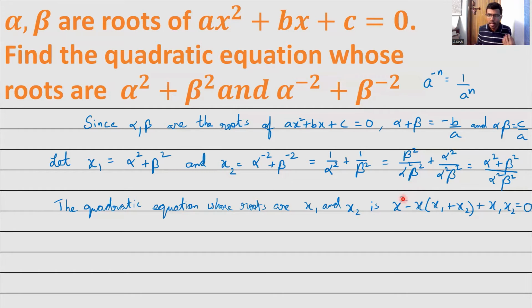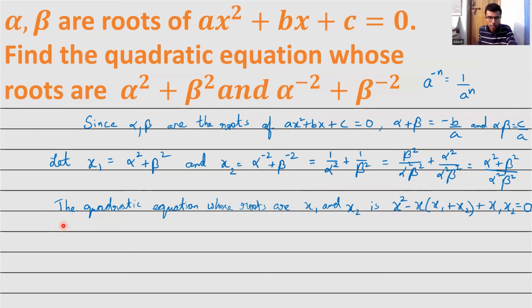Just as when alpha beta were the roots, we had the quadratic equation as x square minus x into alpha plus beta plus alpha beta is equal to 0. So in place of alpha beta we have x1 and x2. So it's quite clear, we just need to find out x1 plus x2 and x1 x2 and our job is done. So let's get started.